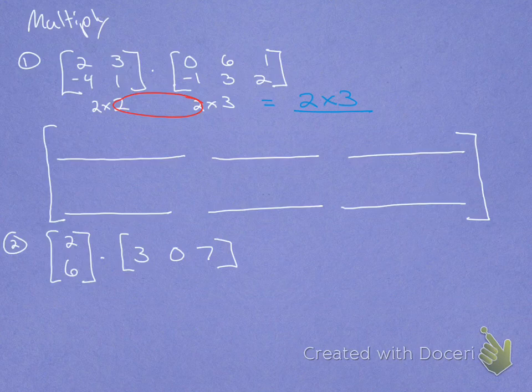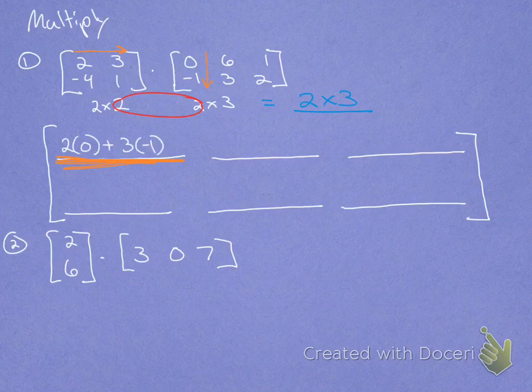I am going to go across from left to right on the top row for the first matrix, and I'm going to go down the first column on the second matrix, and that will give me first row, first column of my new matrix. Why don't you go ahead and do as many of these as you can and then come back and check with my answers.